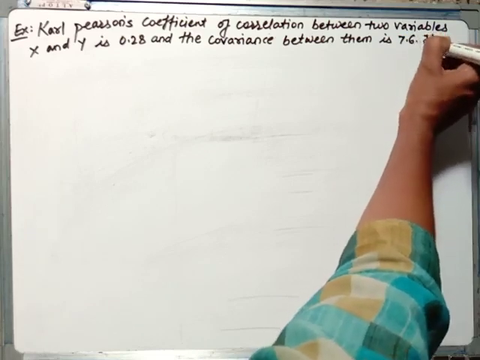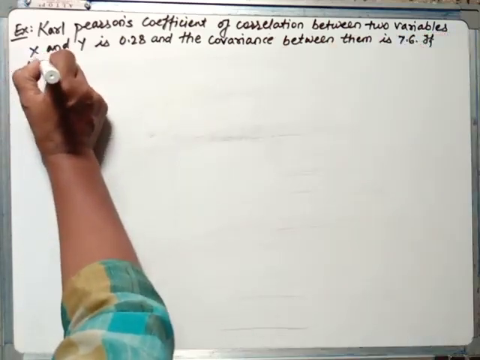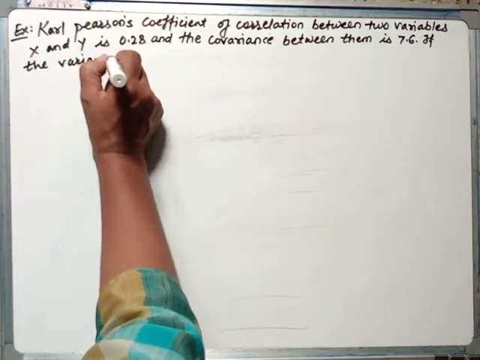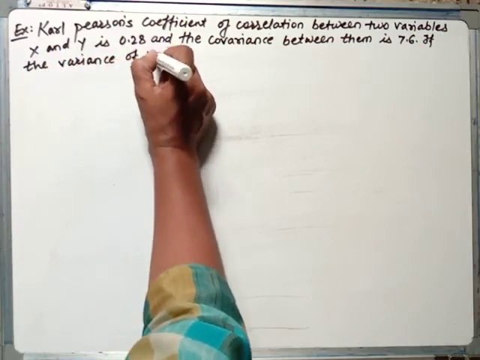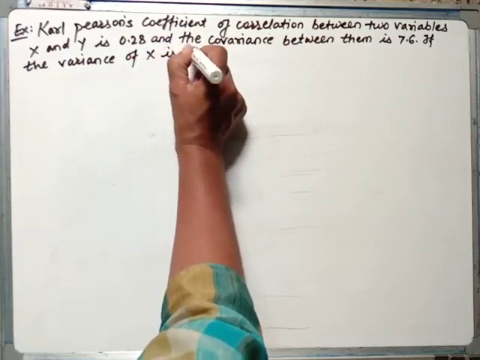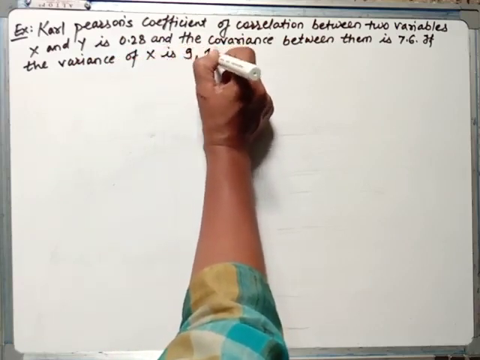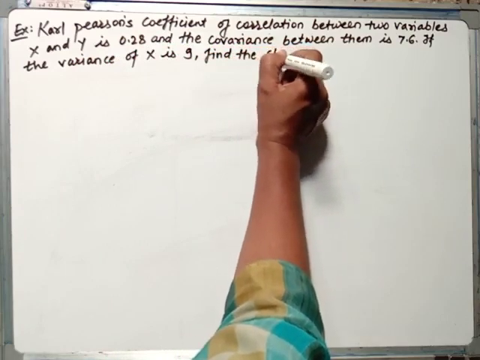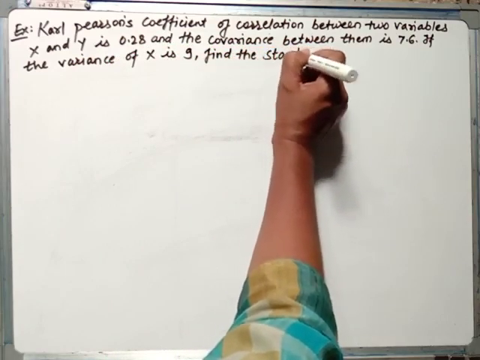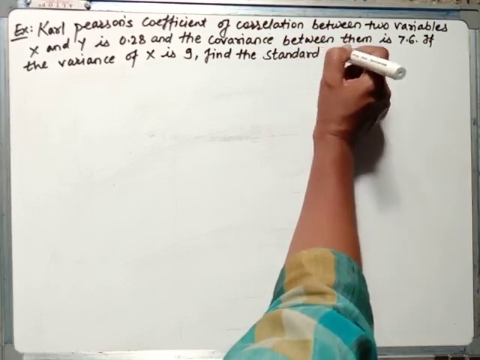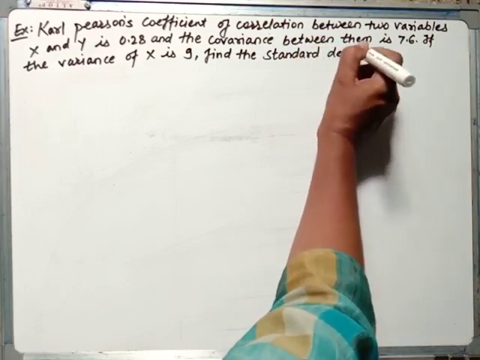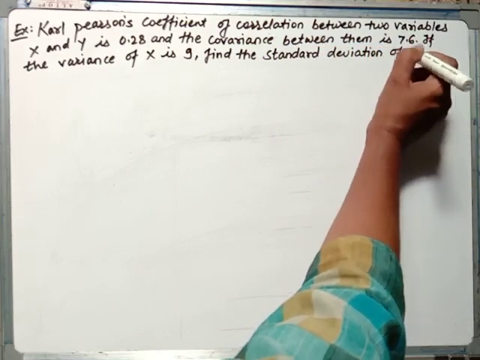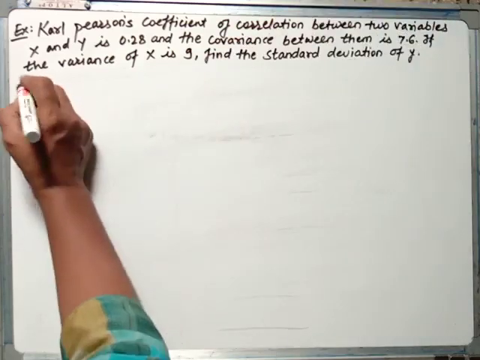If the variance of x is 9, find the standard deviation of y. Solution.